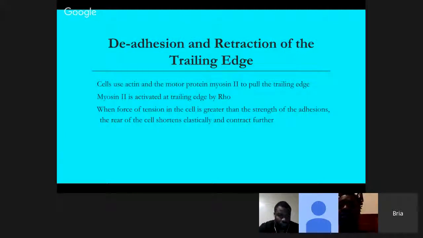When the force or tension in the cell is greater than the strength of the adhesion, the rear of the cell shortens elastically and contracts further.